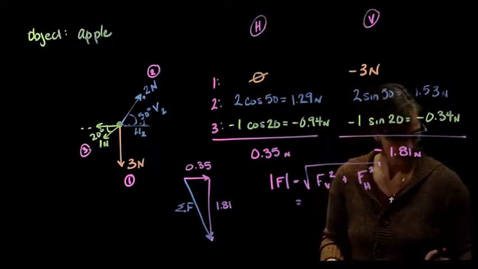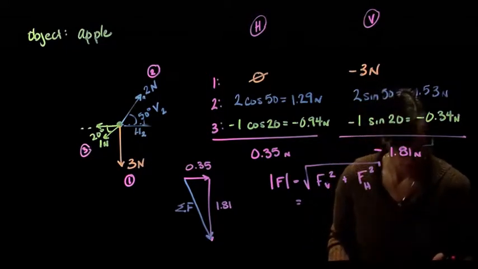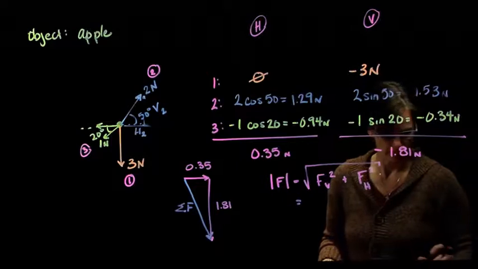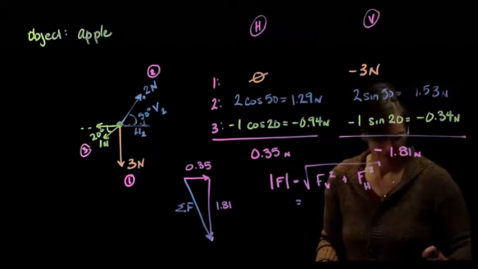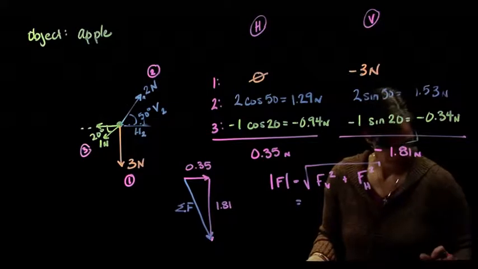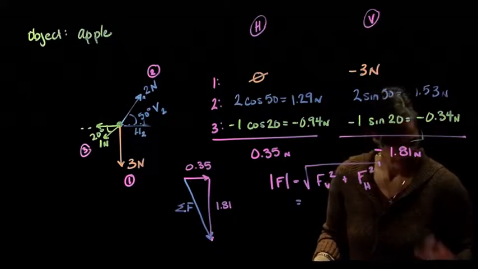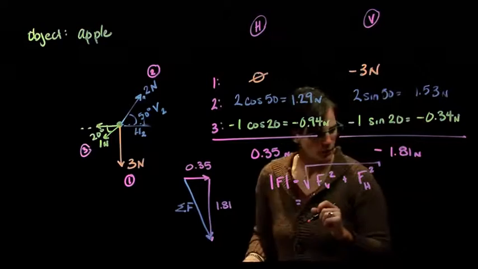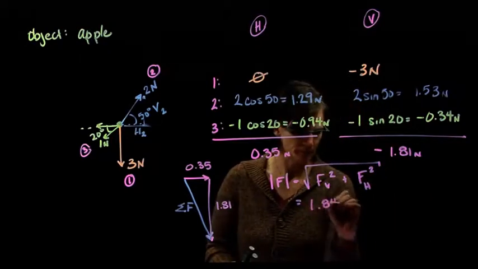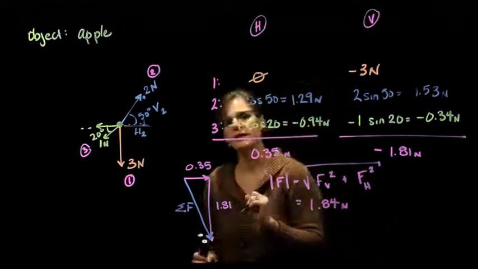That gives me an error. What did I do wrong? I'll just do it again. I'm totally doing this one on the fly. I get 1.84 for a magnitude. So it is a magnitude of 1.84 newtons.